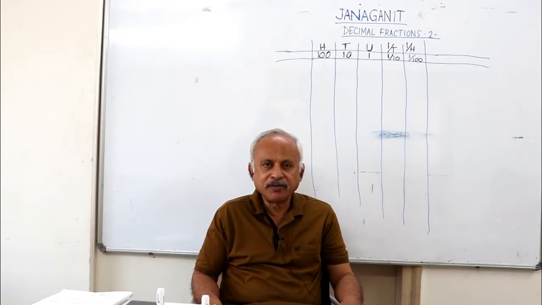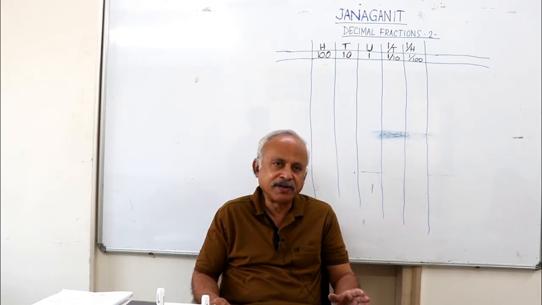If you recall what we had discussed in our first session, I will summarize what we did in the last session. We saw that decimal fractions is not a new subject. Decimal fractions is just fractions which are written in place value.